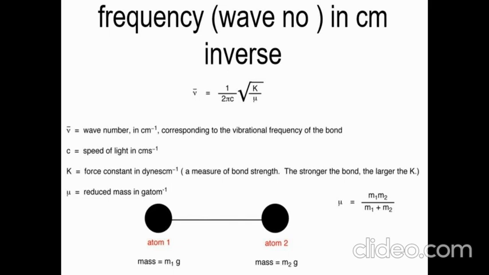Now what is mu? Mu is the mass, but specifically it is called the reduced mass, where mu is equal to m1 into m2 divided by m1 plus m2, where m1 and m2 are the masses of the two atoms connected by the covalent bond or spring, which is equally applicable to the previous form of Hooke's law also.